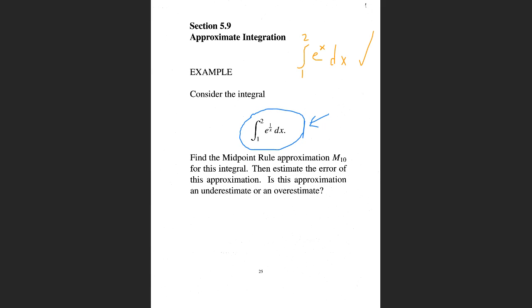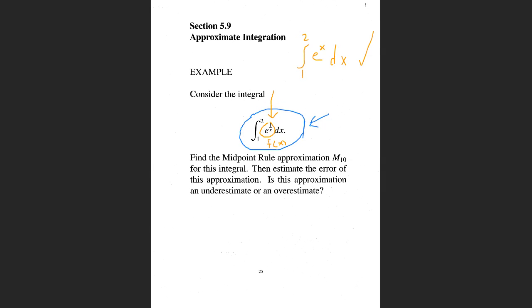You could get the area under that curve and get an exact number. But in our problem here, you have e to the power 1 over x, and there's no antiderivative for that function. There's no antiderivative for e to the 1 over x power.